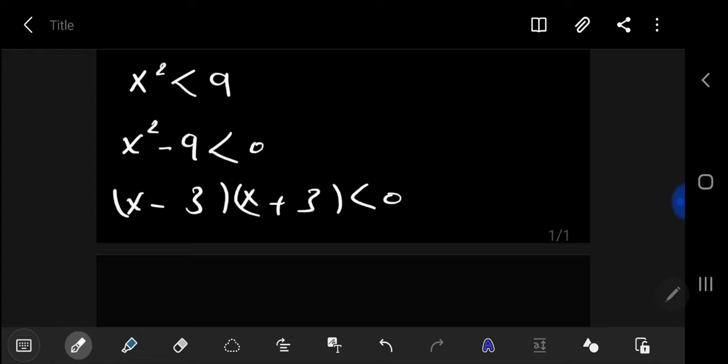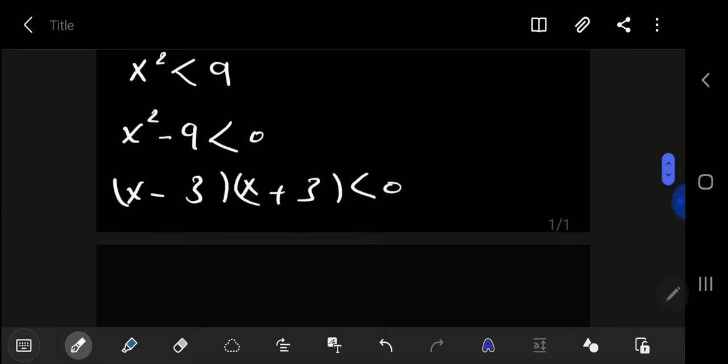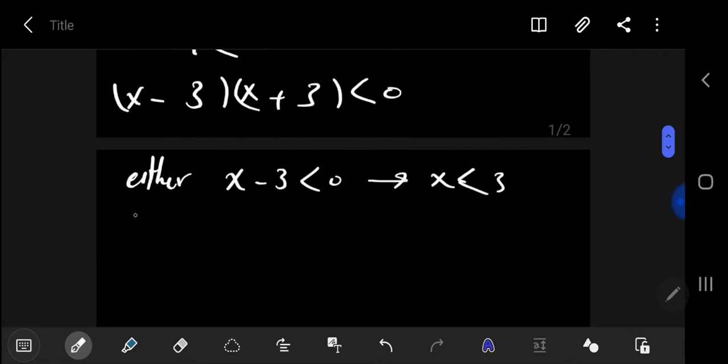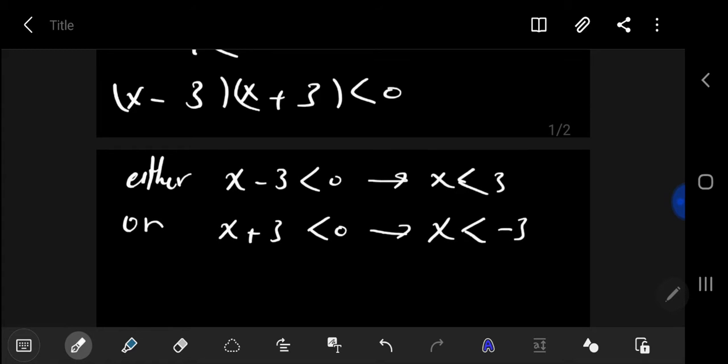We do the same steps as in the first example. So either x minus 3 smaller than 0, that means x smaller than 3, or x plus 3 smaller than 0, that means x smaller than minus 3.